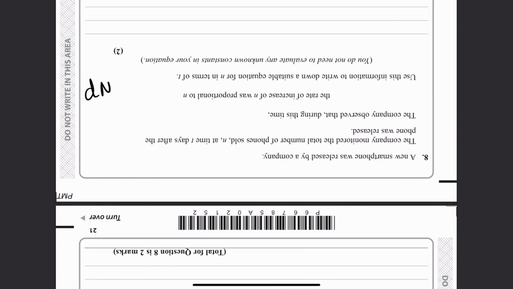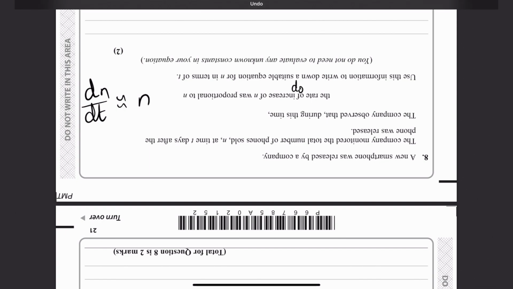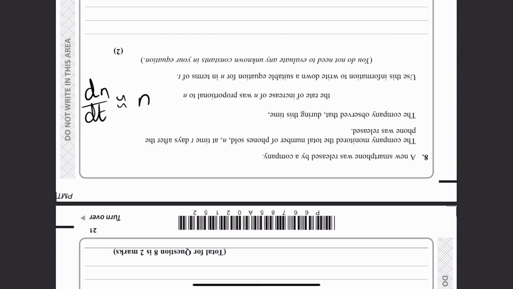So dN over dt is proportional to N. Use this information to write down a suitable equation for N in terms of T. In terms of T, okay.